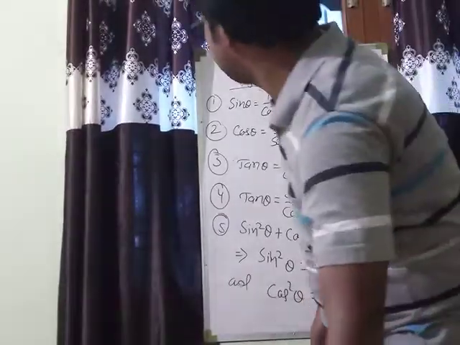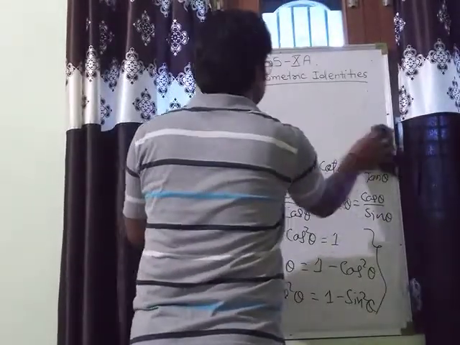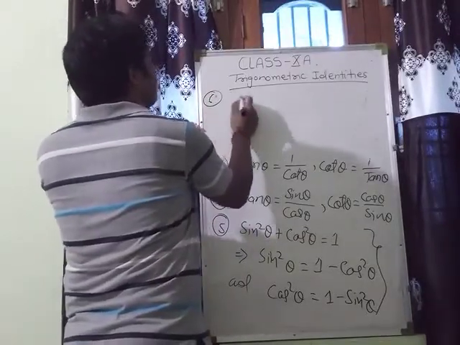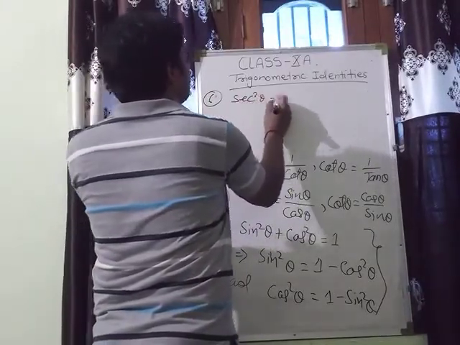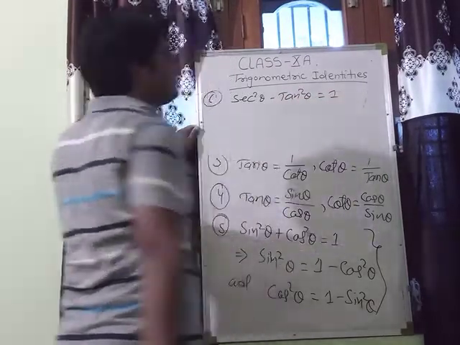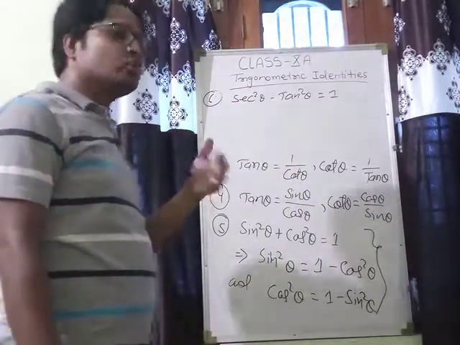Now the sixth one: sec square theta minus tan square theta is equal to 1. And from this identity we can find two more.